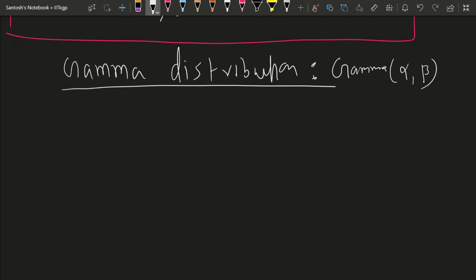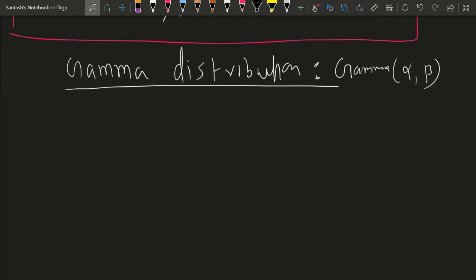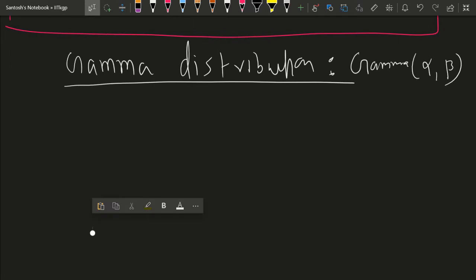Anyone can try, or otherwise I have to ask one by one. Look in the class notes, if you have any, check what is gamma distribution, then what is their PDF.